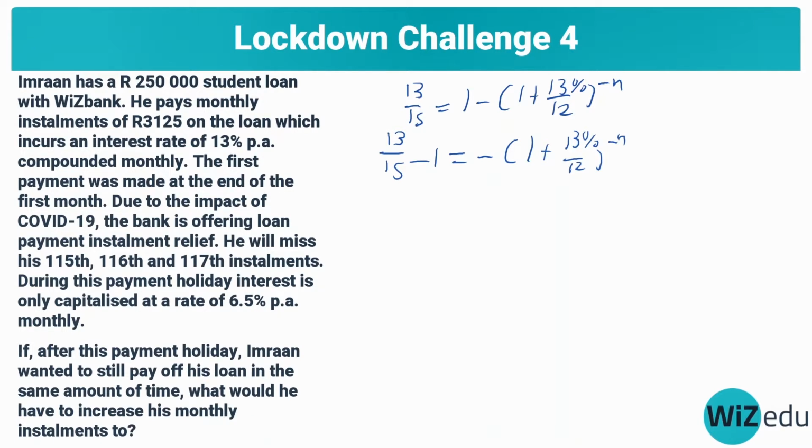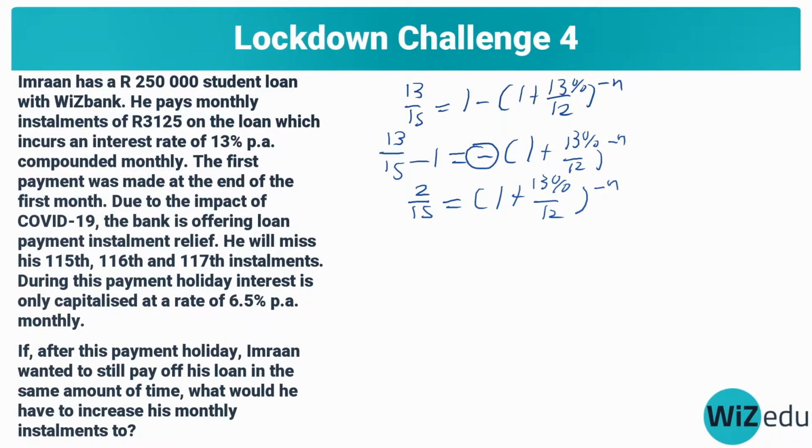And I'm going to subtract the 1 and multiply both sides by negative 1 to get rid of this negative here. So that finally becomes 2 over 15 equals 1 plus 13% over 12 to the negative n.